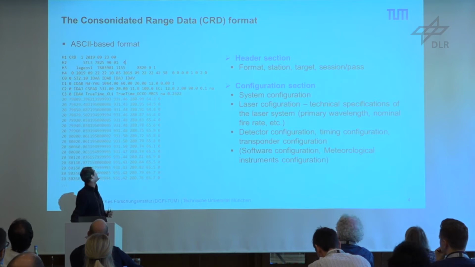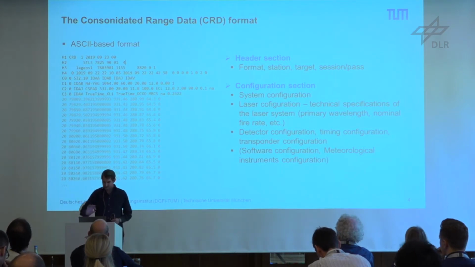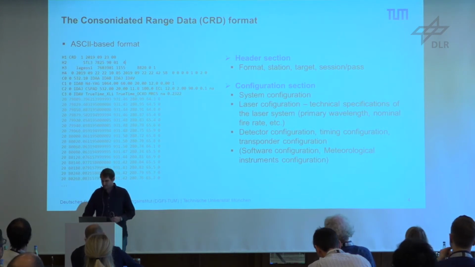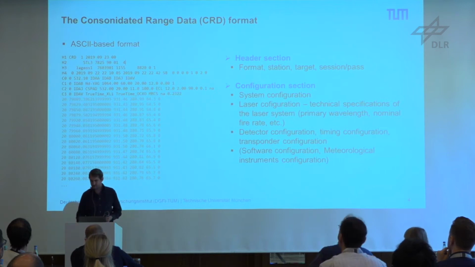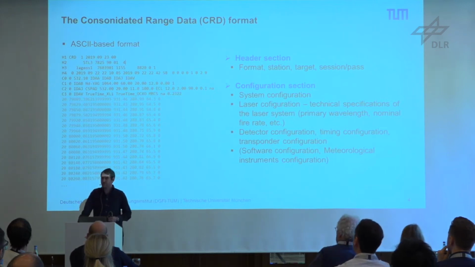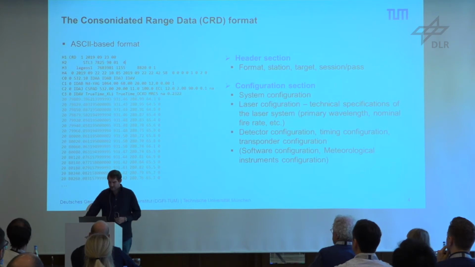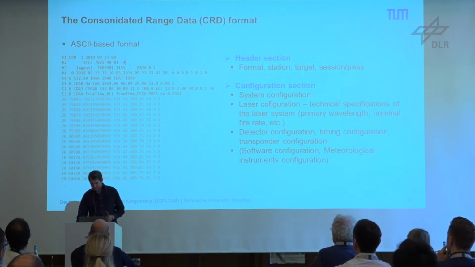Basically it's an ASCII-based format, so just a normal text file. You have a header section giving you information about the data format, that it is CRD, the station from which the observations are, the target to which was measured, so the number of the satellite, and the session or the pass from which the data stems. Below these four header lines, you have four configuration lines, which give you information about the laser system, the configuration of the laser, the detector which was used, the timing system, and so on.